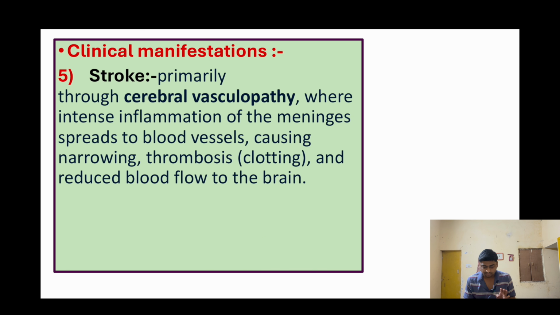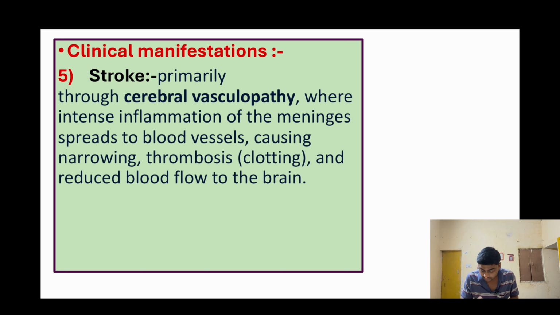Now the fifth clinical manifestation we have is stroke. How does the stroke happen in case of meningitis? It is primarily through cerebral vasculopathy. What happens in cerebral vasculopathy?